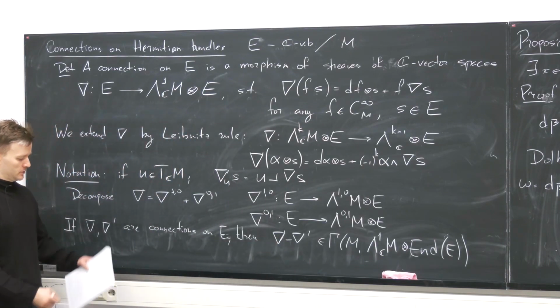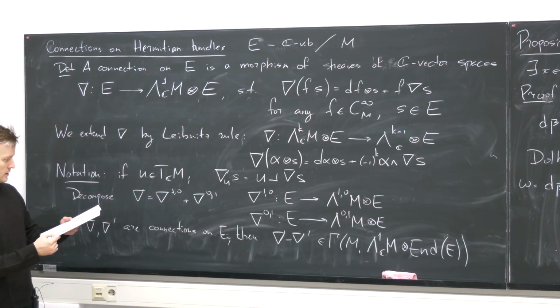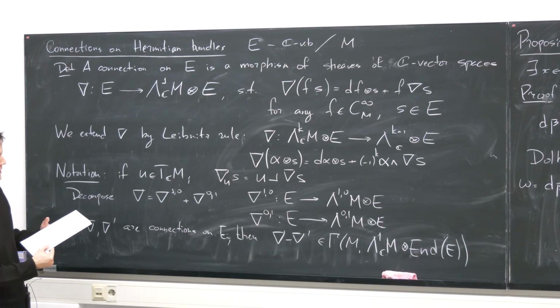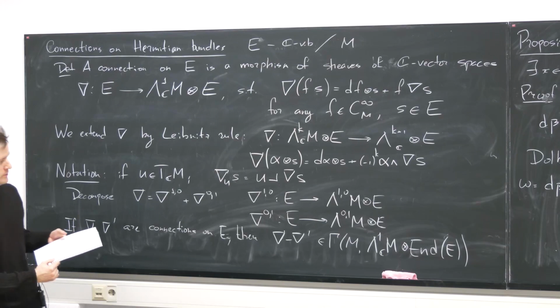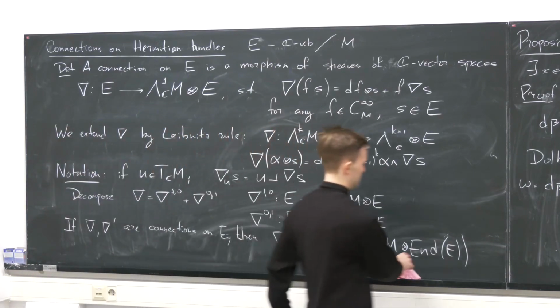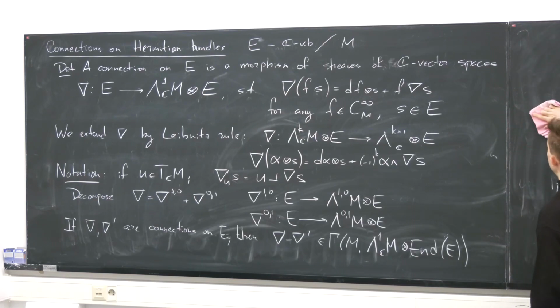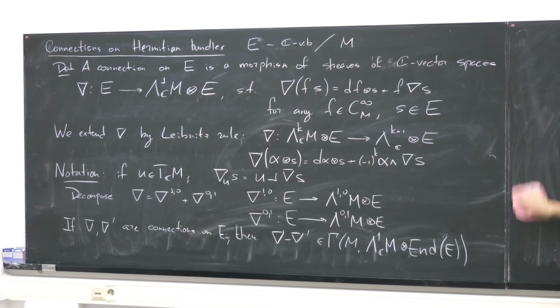So in particular, if I start from a trivial bundle, for example, if I restrict everything to some open subset U in M where the bundle E trivializes, then I have one obvious connection on this trivial vector bundle, which is just the differential applied to the coordinates.